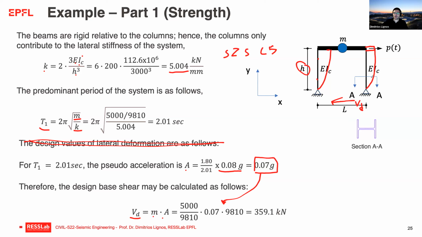Here I have a column that has the same properties as the column on the right, and that means that my VD is spread half in one column and half in the other.